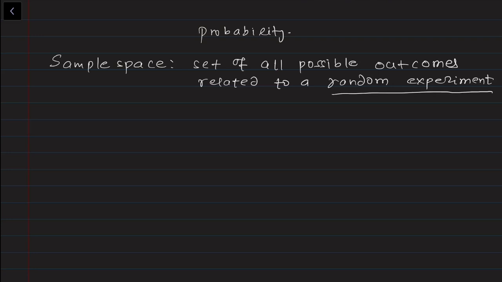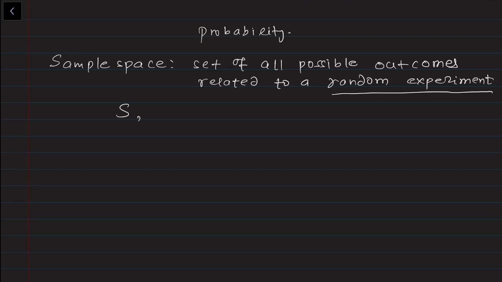For example, you roll a dice, you know all the possible outcomes, that is 1, 2, 3, 4, 5, and 6. But when you roll a dice, you do not know which number will appear on the dice. Okay, so that's the random experiment. And sample space is denoted by the capital letter S because this is a set.